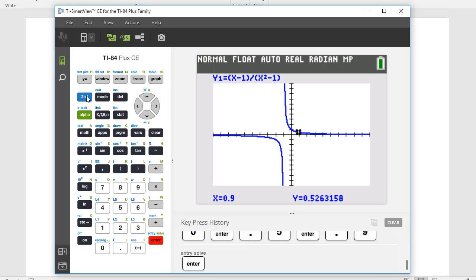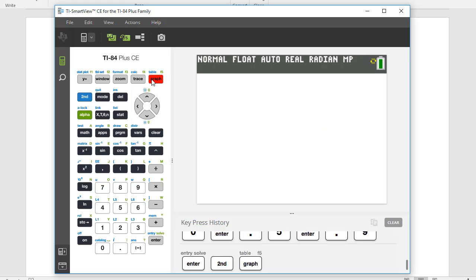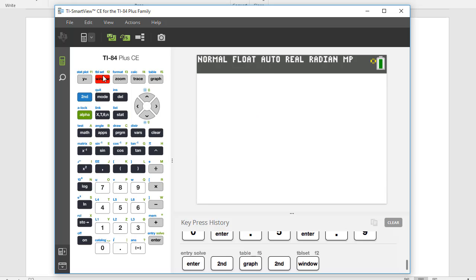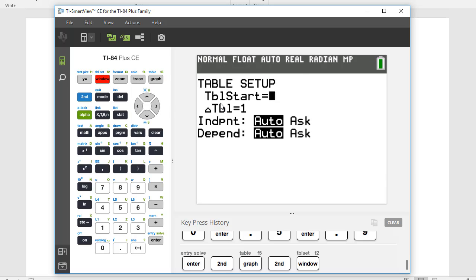A little more efficient way to do that would be to go to the table. So if I do second graph and I go to the table, the way the table is typically set up is it auto-fills the x values. So I can change that, and that is in the format option. No, I'm sorry. It is in the table set option. So I'm going to do second window and go to table set. And I can choose where the table starts. I can choose the delta table.